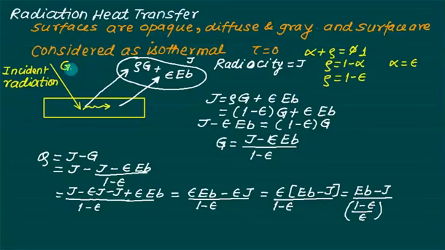The denominator of this term is called the surface resistance. If the body is a black surface, epsilon is 1 and therefore for a black surface there is no surface resistance. Only in the case of a gray surface do we have the surface resistance.